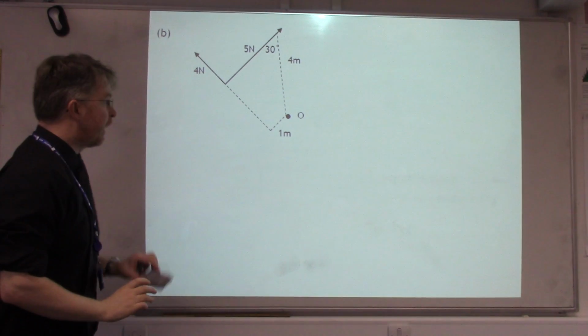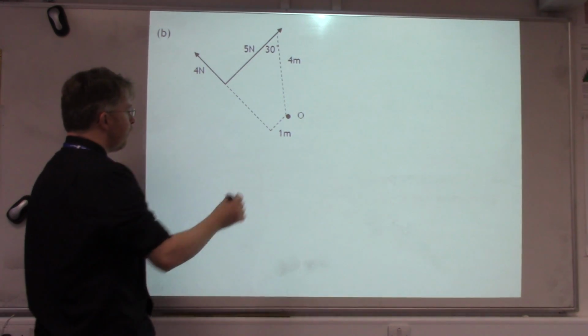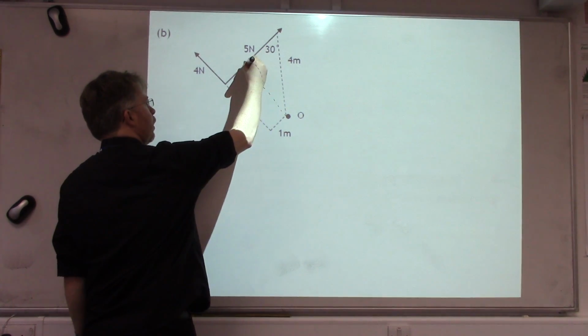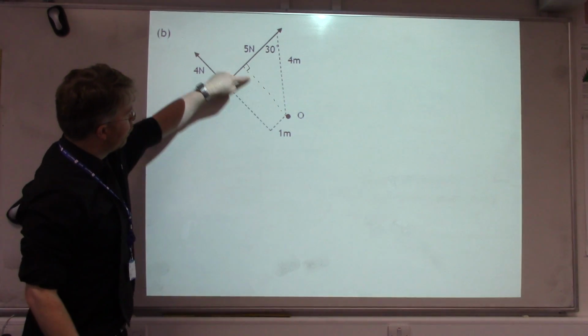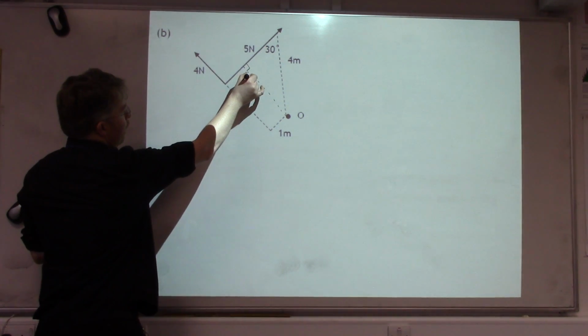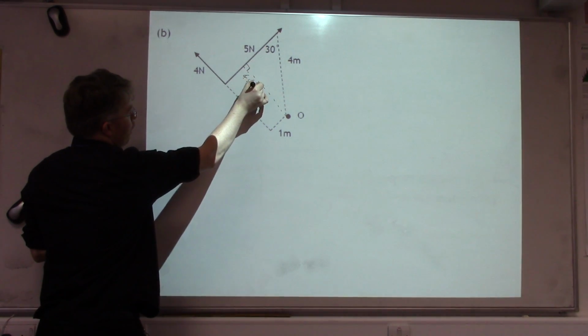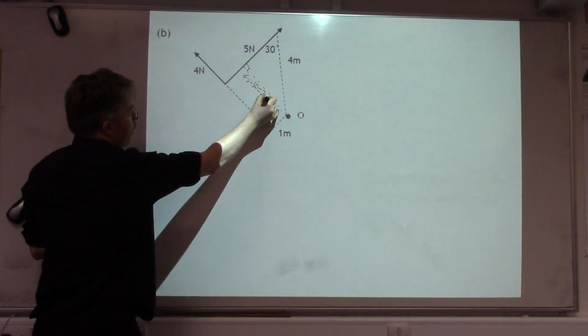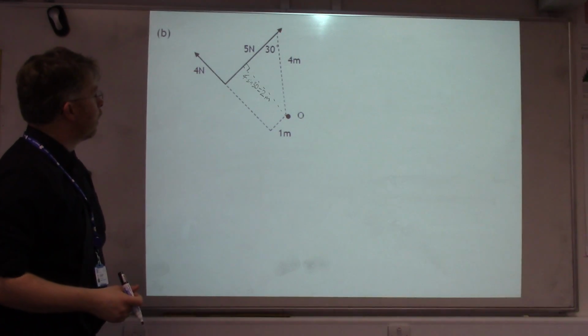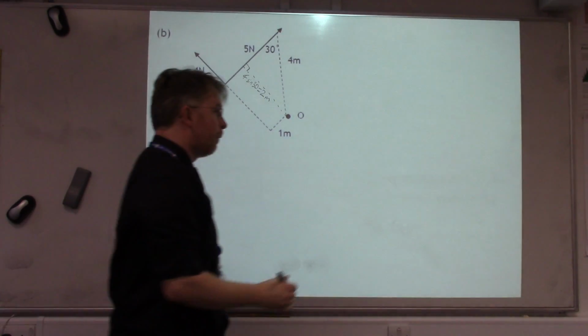So we can find our perpendicular distances first. So we want the perpendicular distance from O to the 5 Newton. Because of the trigonometry, that's 4 sine 30, which is equal to 2 metres. Again, do the table.